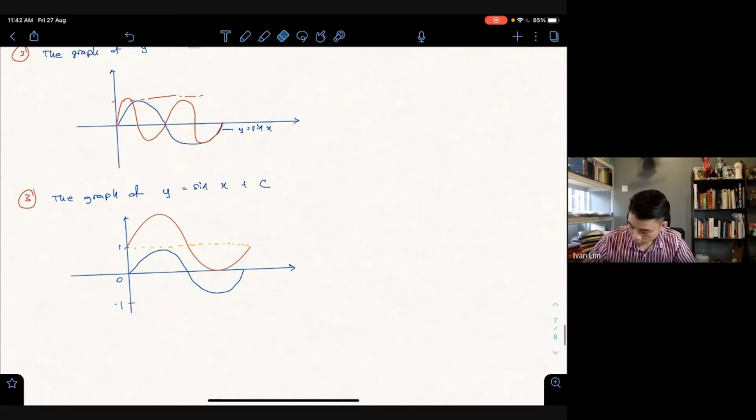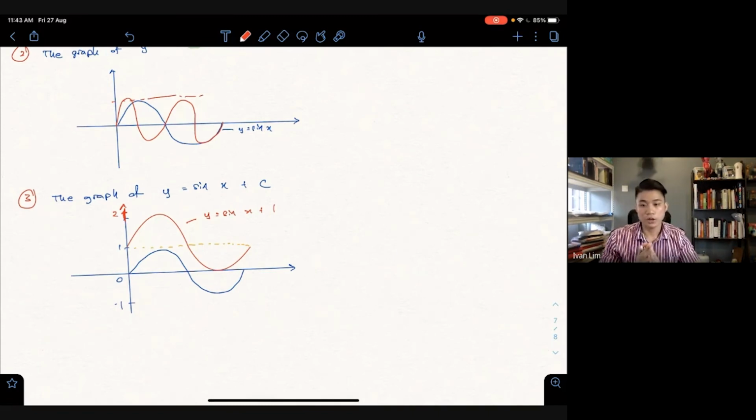Your highest point right now is 2, your middle is 1, and your lowest point now is 0. Can you all see it? So what is the logic of this? Sine x plus c means the c value will shift the entire graph up or down. So this is a y equals sine x plus 1 graph.